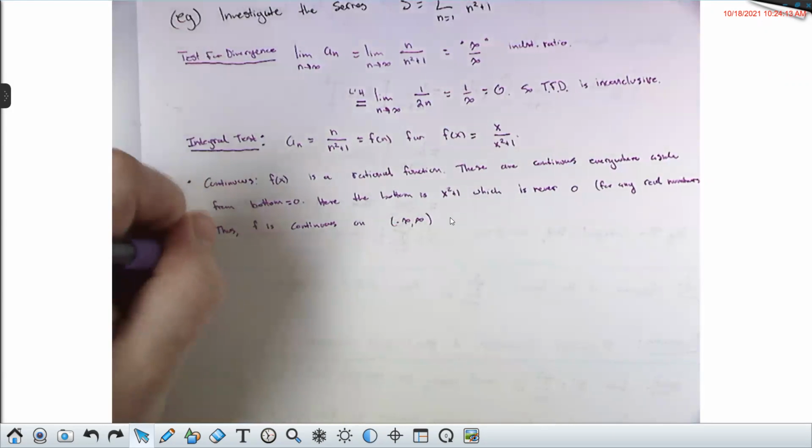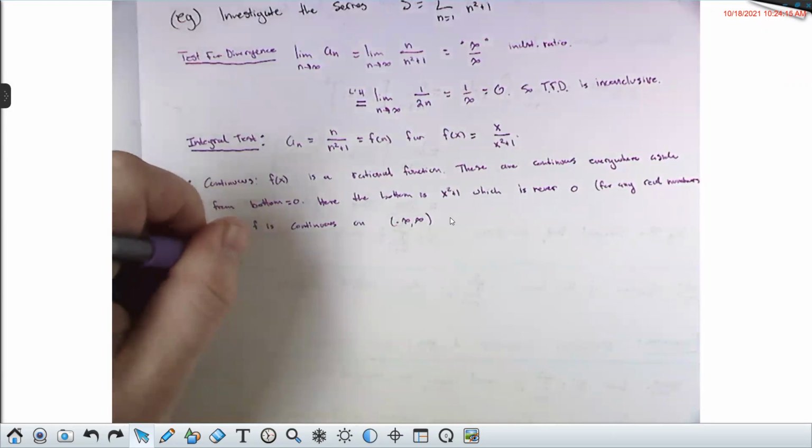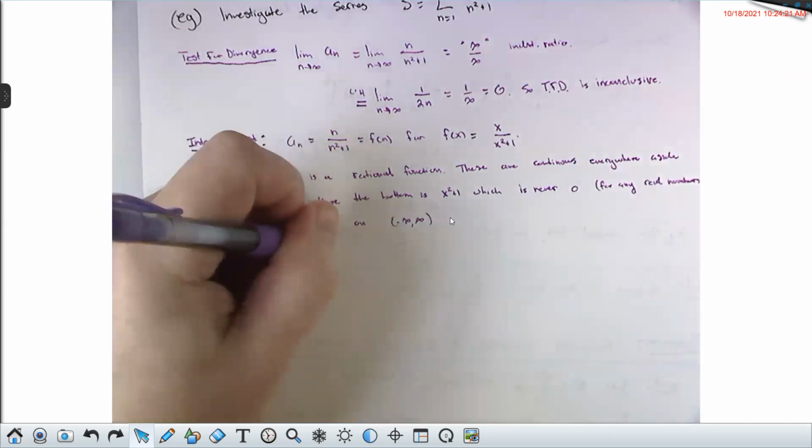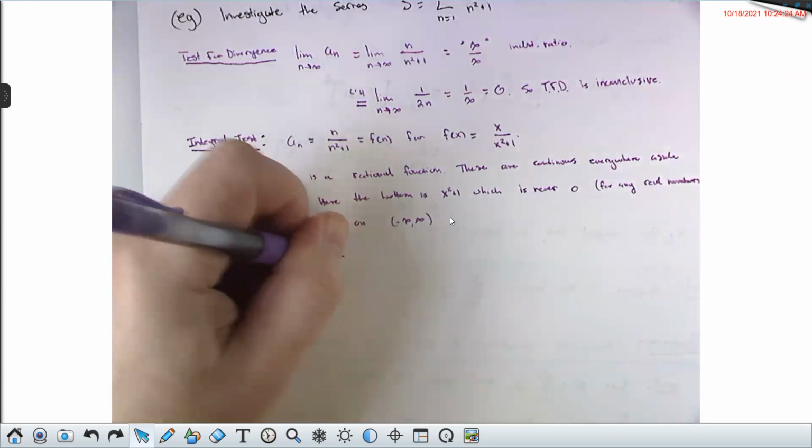Positive. f of x is equal to x over x squared plus 1.